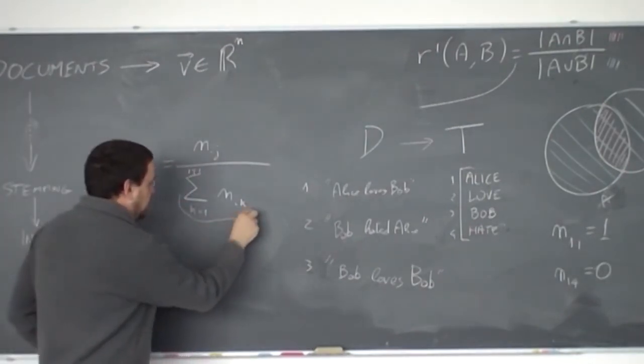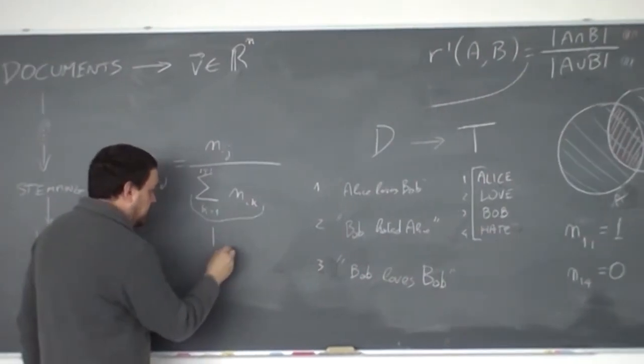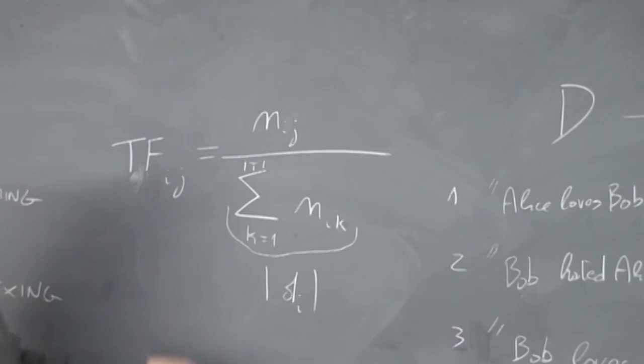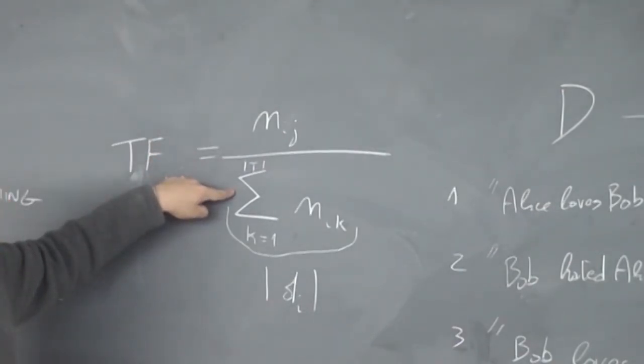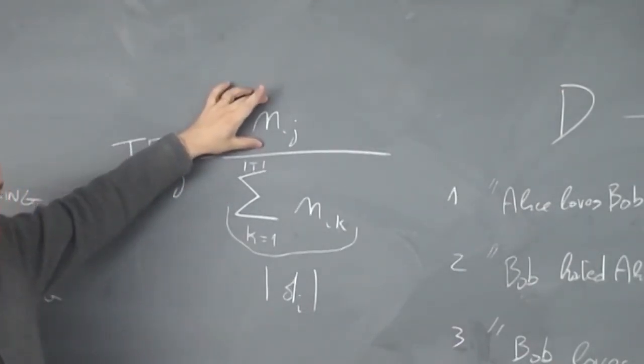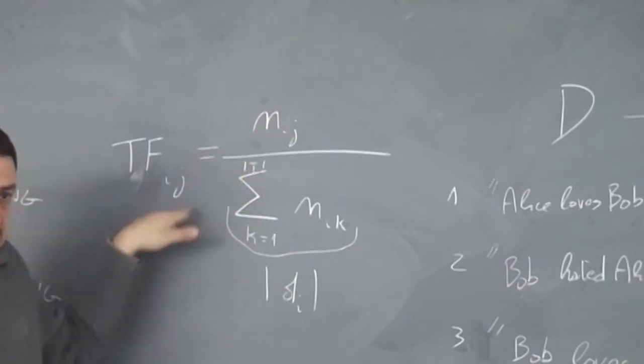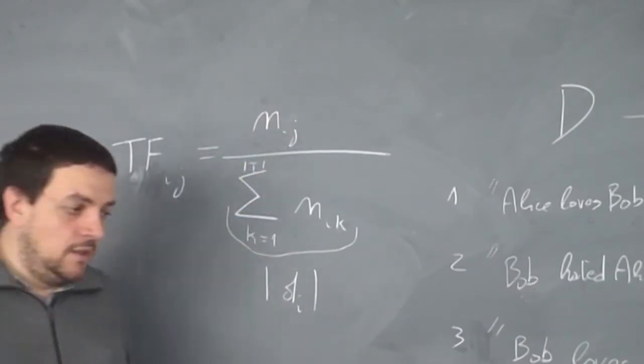Or if you prefer, this can be seen as the size of document i. Okay, why do I make this normalization? Why don't I want to consider directly the number of appearances of term j, but I divide by the document size?